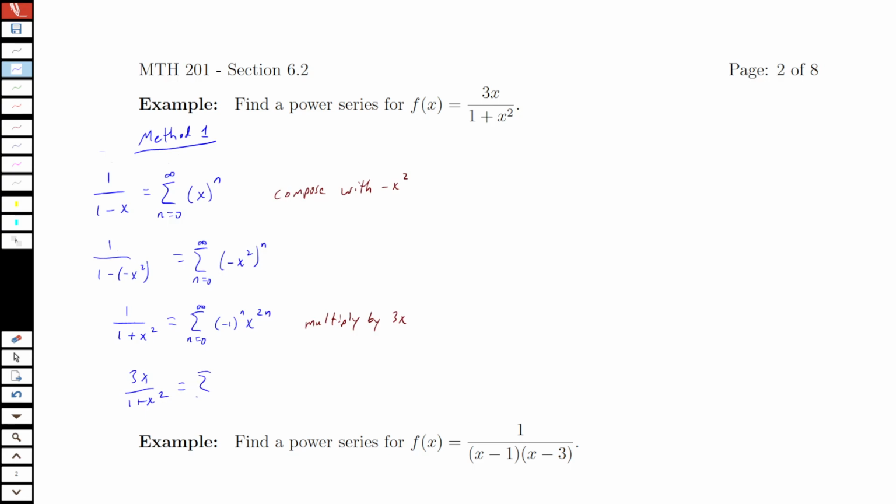And on the right, when I multiply in a 3x, I'll have a 3. When I multiply an x times an x to the 2n, I'll have an x to the 2n plus 1. Okay, so here we explicitly used our properties in order to find a power series for this function. Okay, let's look at another way that we can go about doing this.